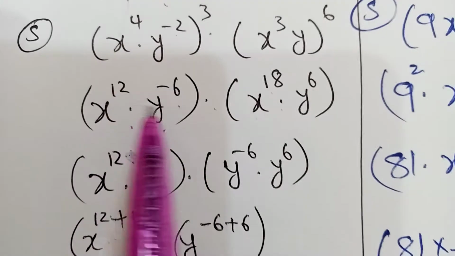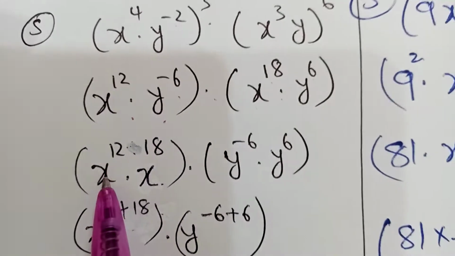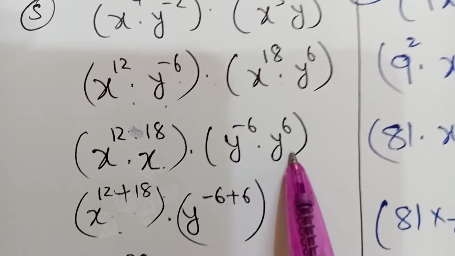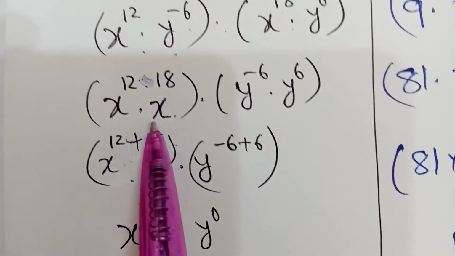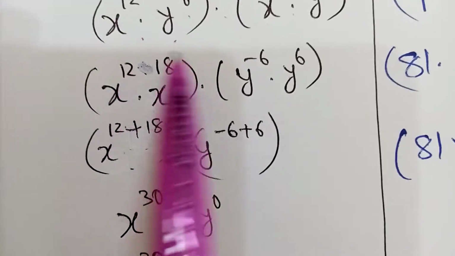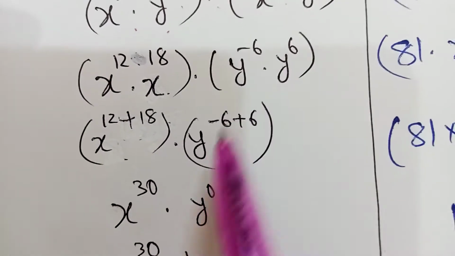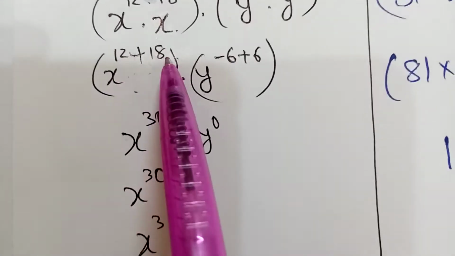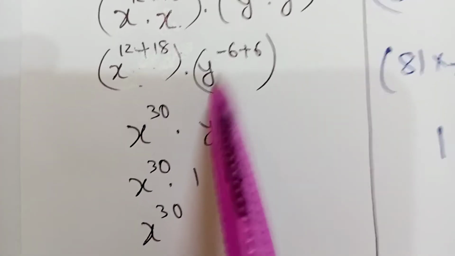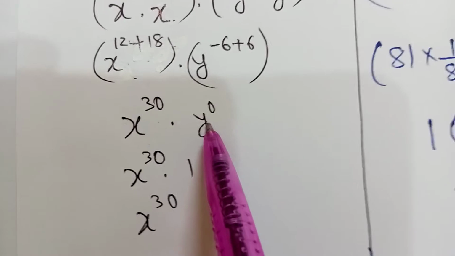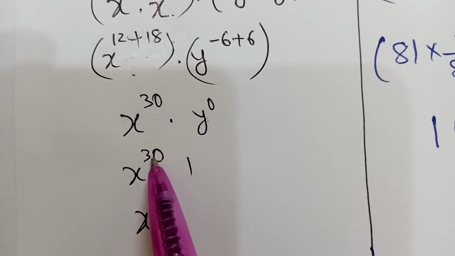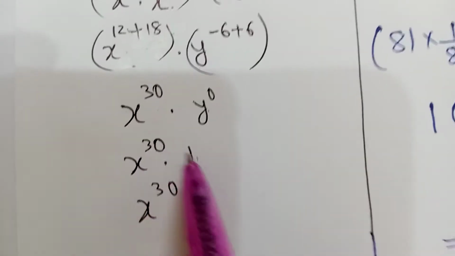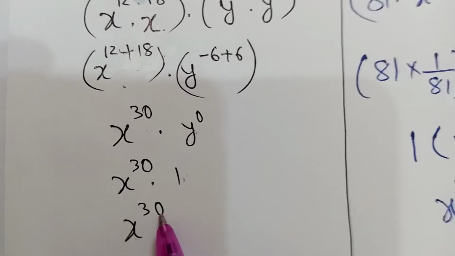Now here x, y, x, y. So x and x one side, y and y one side. Bases are same, power should be added. x 12 plus 18, y minus 6 plus 6. x to the power of 12 plus 18, 30. y power of minus 6 plus 6, 0. x to the power of 30 as it is, y power of 0, any power of 0, 1. x to the power of 30 into 1 is x to the power of 30.